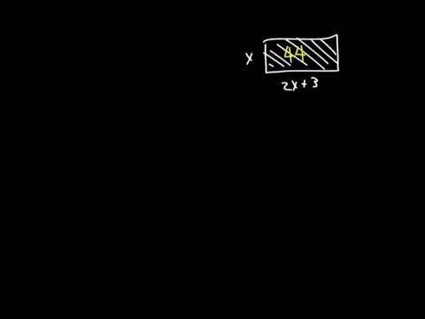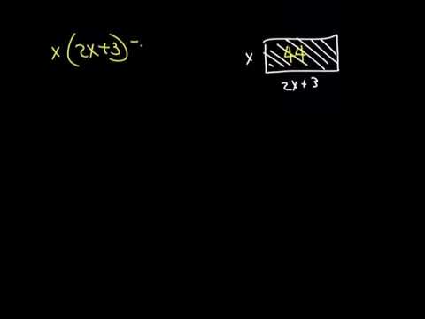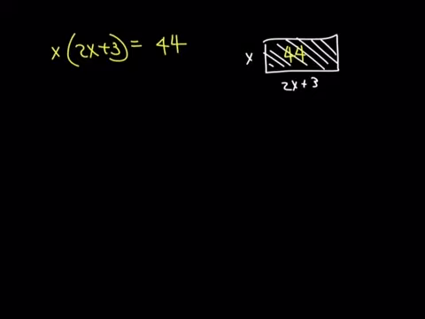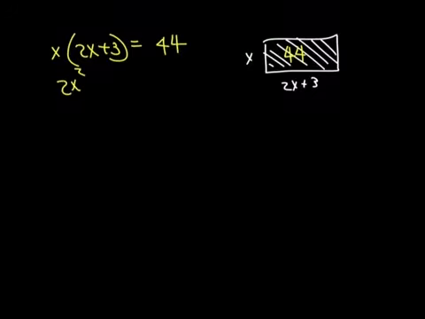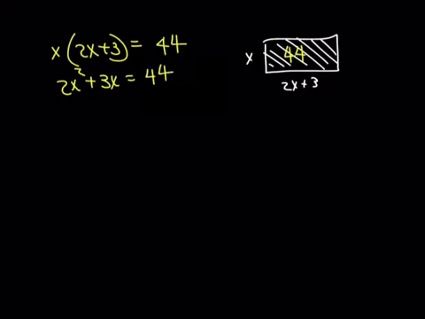And how do you find the area? The area of a rectangle is the width times the length. Okay? So this is 2x squared plus 3x equals 44. Make it equal to 0. Always do that once you get it written.